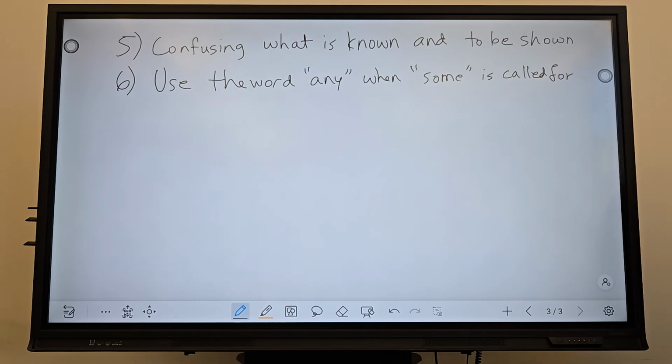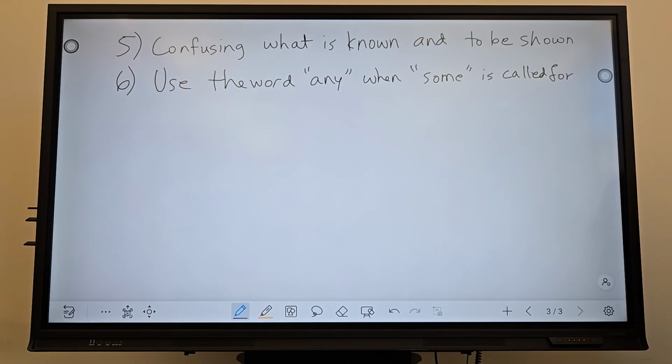Sometimes you can use either one. So you could say for any odd integer n, by the definition of odd, n would be equal to 2a plus 1 for some integer a.